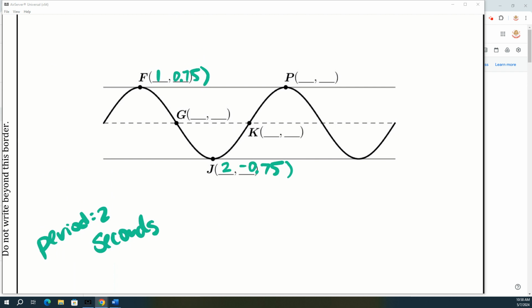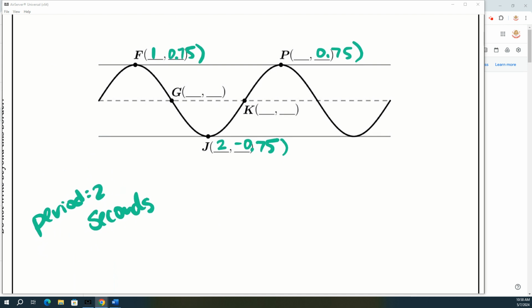All right. Now I know my height at P is going to match my height at F. Or not my height. I shouldn't say height. My angle. All right. Another thing to remember is that, and some of you were trying to do it on that multiple choice question, it just wasn't working out for you, that max to max is 1 period.